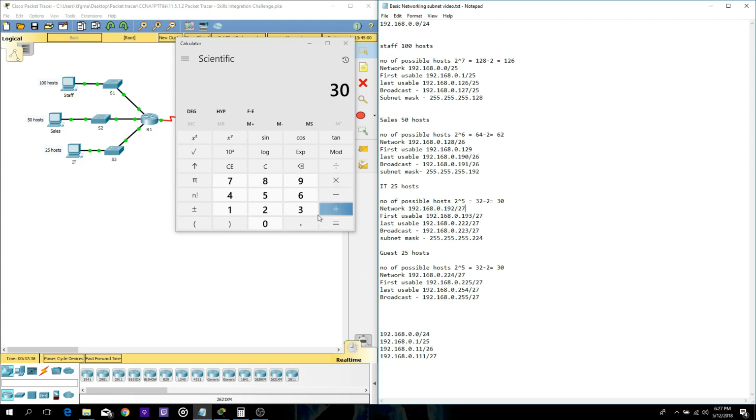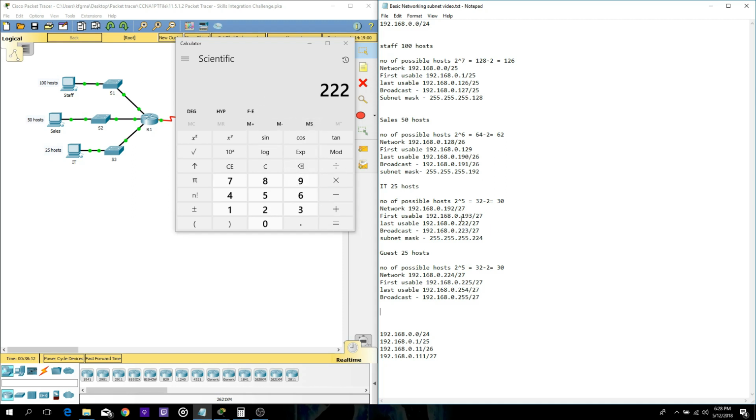Again, our slash notation is the maximum slash minus the borrowed bits, which gives us slash 27. An easy way to find the last usable host is to add the number of possible hosts to our network, which gives you 222. Our broadcast is 1 up from our last usable, so that'll be 223.